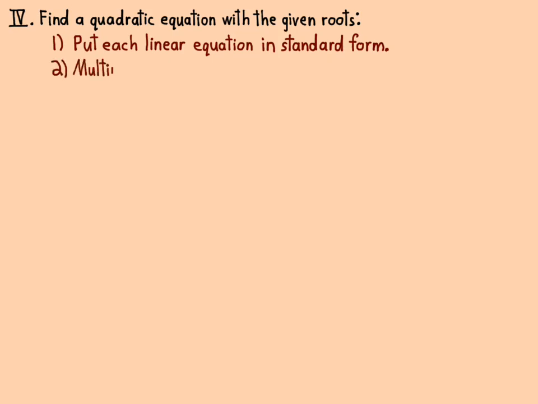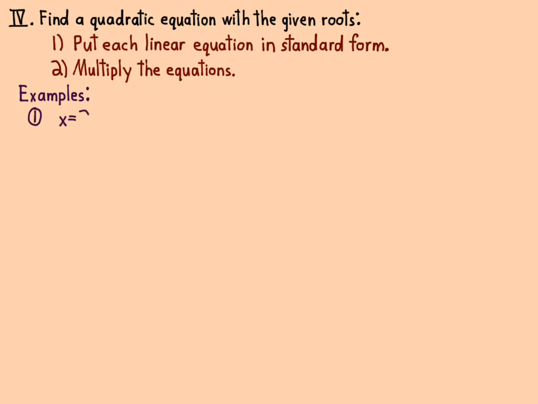Those are linear equations. The highest power of x is 1. And so you put those in standard form, and then you multiply the equations. Multiplying the equations means taking one and writing it down times the other. But then your text wants you to multiply those out and simplify, so that it's not in factored form.